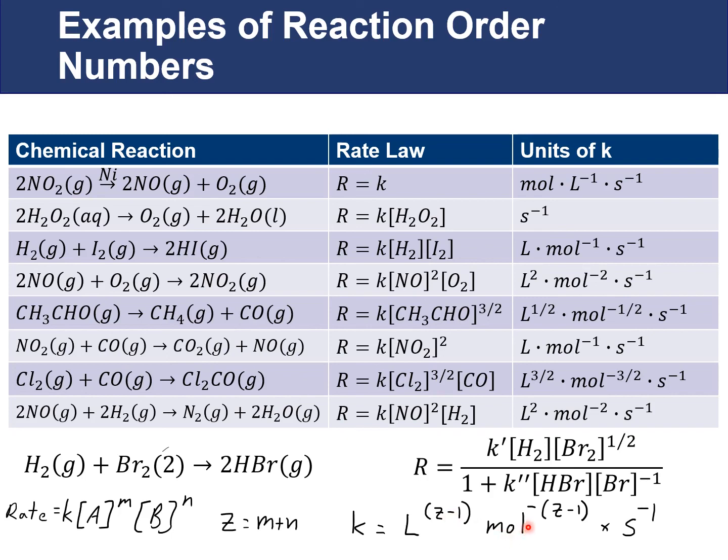The moles would be negative 5/2 minus 1, which would be negative 3/2. And then here would be seconds to the minus 1. So that would give us liters to the 3/2 times mole to the -3/2 times seconds to the -1. Right? So the key idea is that K is there to make sure that your units, when you're all done determining your rate, are moles per liter per second.